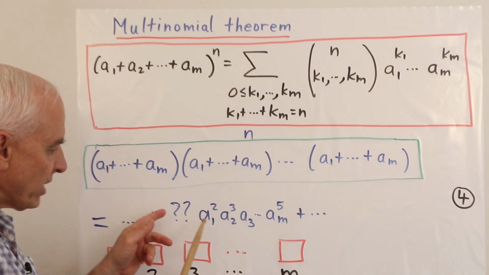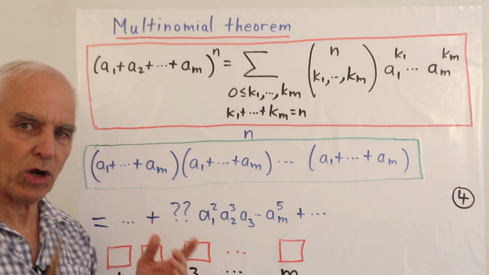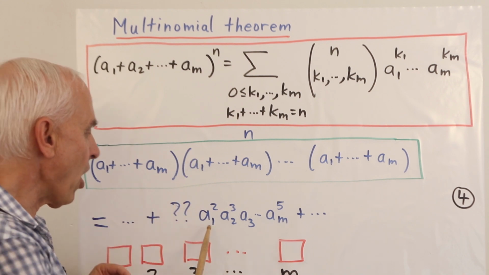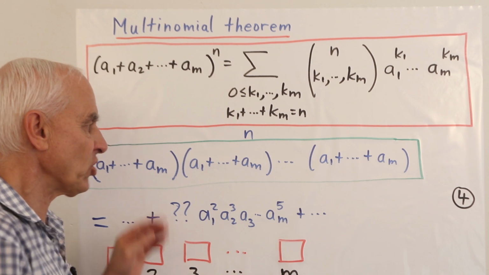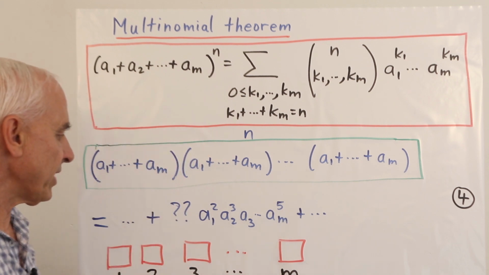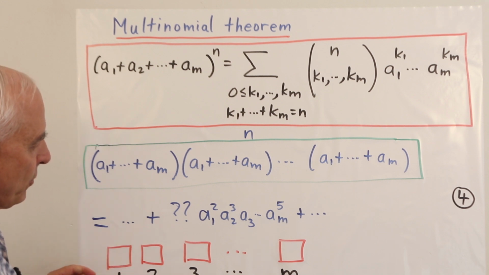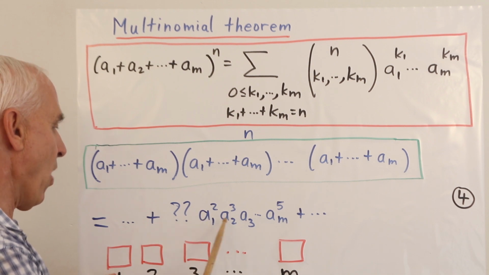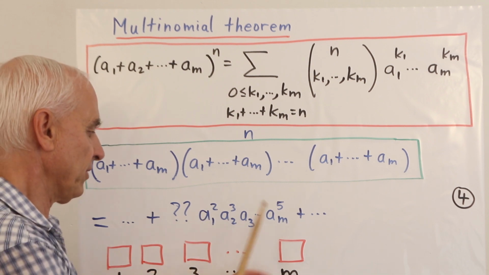So we'd like to know, what's the coefficient of this term going to be in this big sum once we expand it all out? How many ways are there of getting exactly this term when we do all this? Well, see what that really amounts to. It's like you have these m boxes representing the a1s, the a2s, the a3s, all the way to the am's.